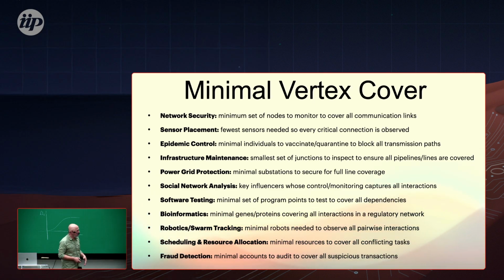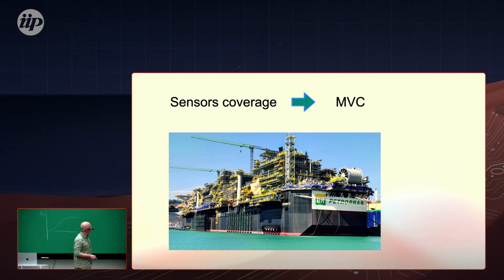Of course, I want to use as small a number as possible. And there is a very important problem that we are solving with this kind of solution, which is how you place sensors on an oil platform. So an oil platform is something like that. There are many of them.